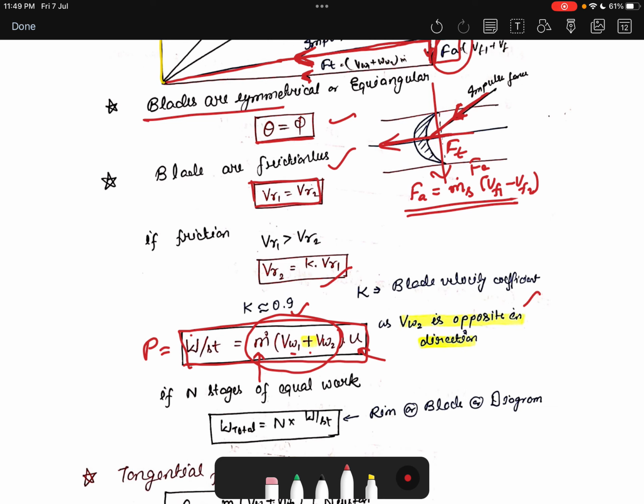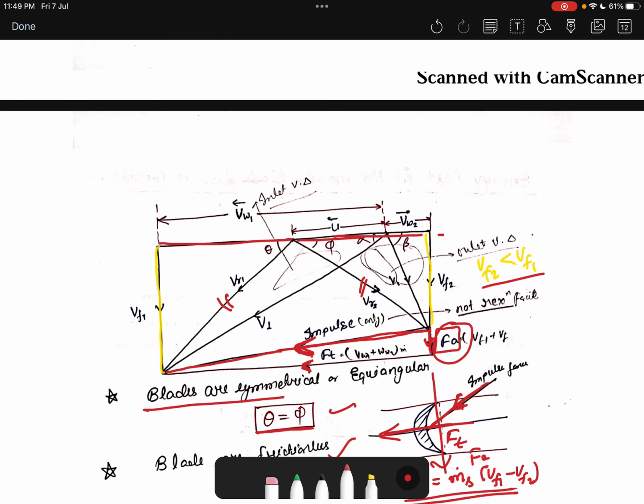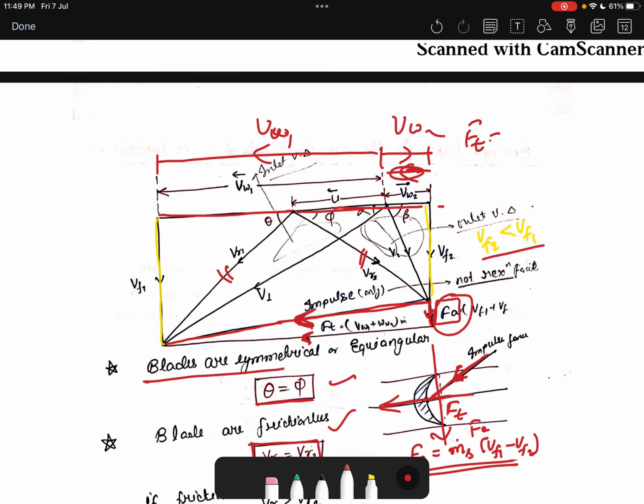How are we getting this formula? We can see from this figure the directions of Vw1 and Vw2. To find the tangential force, it will be P1 minus P2, the rate of change of momentum, initial minus final.